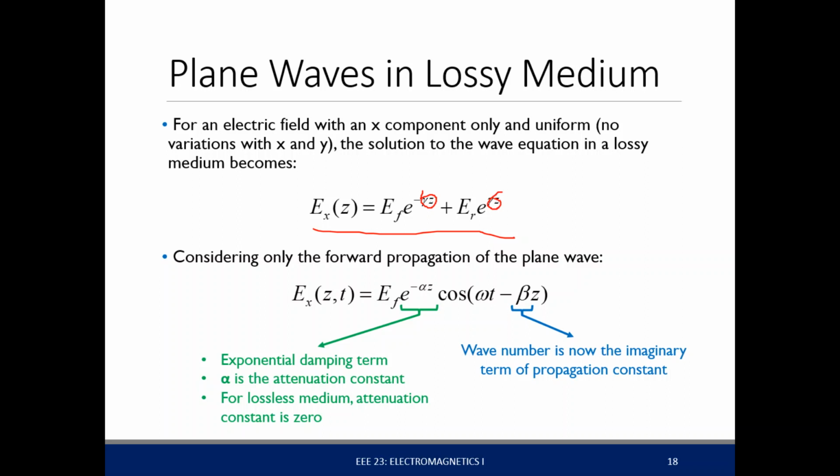And if we convert this to the time domain, considering only the forward propagation for now, then we have this term that is multiplied to our original expression. Remember that this cosine omega t minus beta z is due to the propagation. And the wave number of that propagation is now equal to beta.